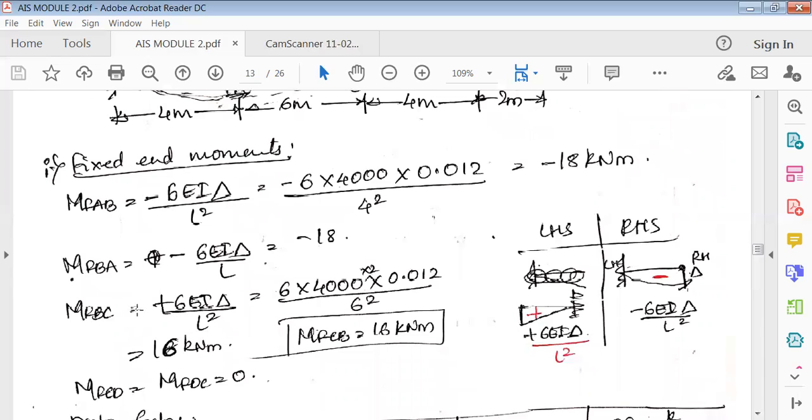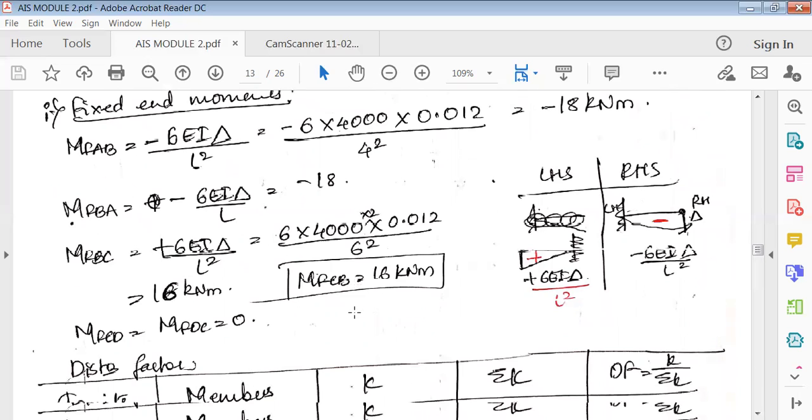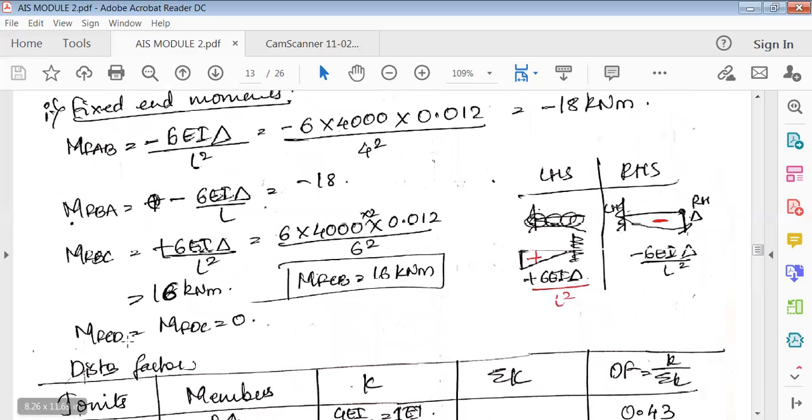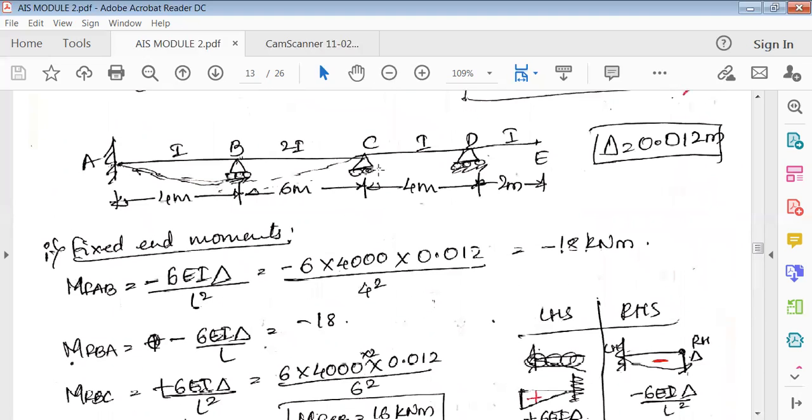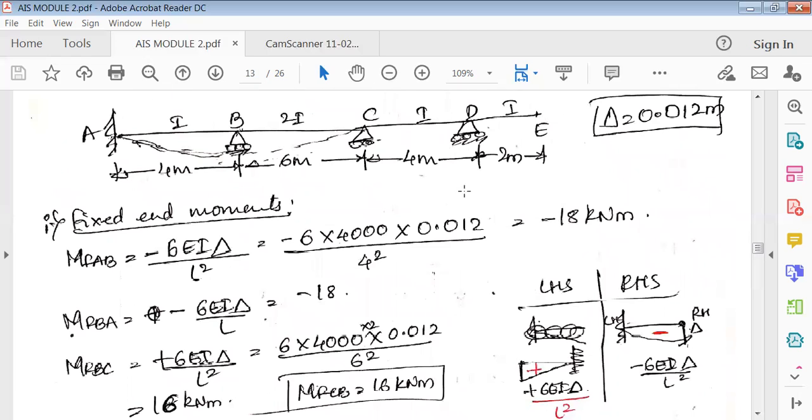Then MFBC is plus 6 EI delta by L square. Again, substitute all the values here. Be careful with the length. MFCD, there is no sinking happening here. Only AB and BC spans are affected by sinking when you draw the deflected shape of the beam. So CD is 0, DC is also 0, DE also is 0.